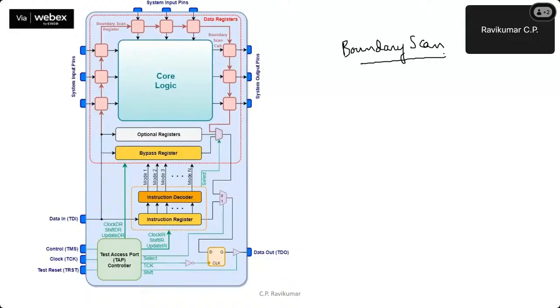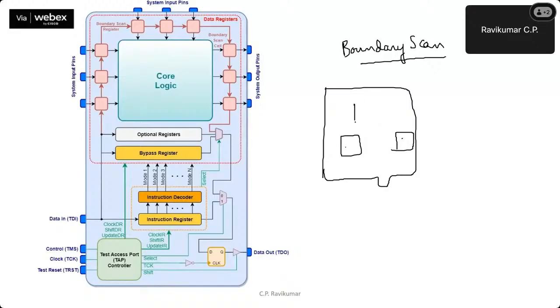Intel, TI, Analog Devices. So there are lots of different vendors that produce these ICs. And if somebody were to make a PCB with ICs from different vendors, right? This may be from Intel, this may be from TI, some other maybe from Analog Devices, etc.